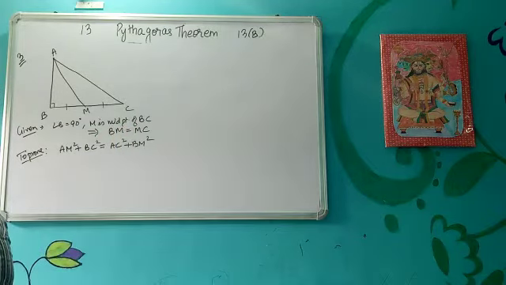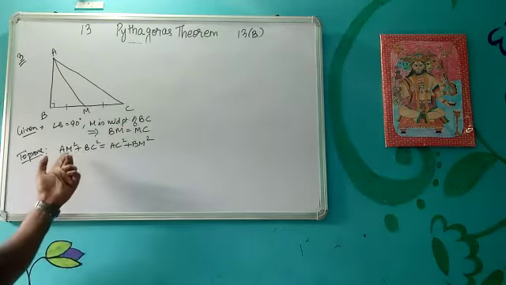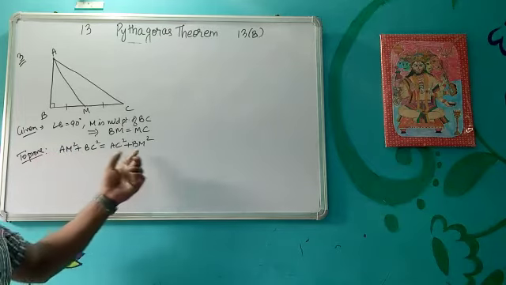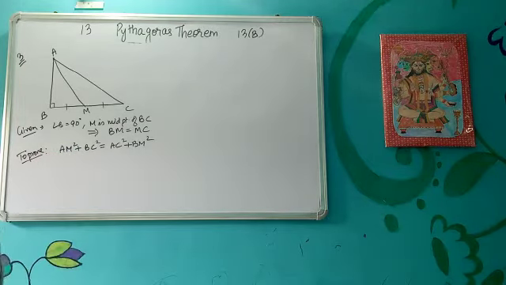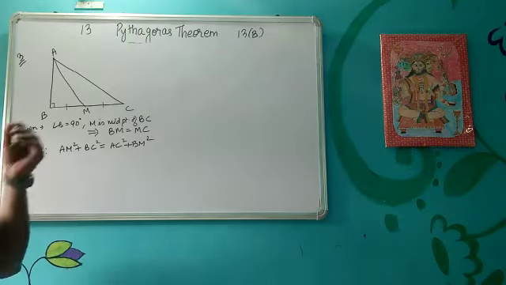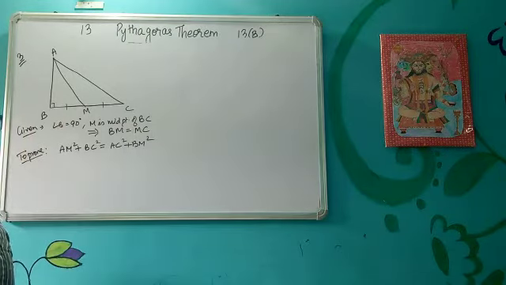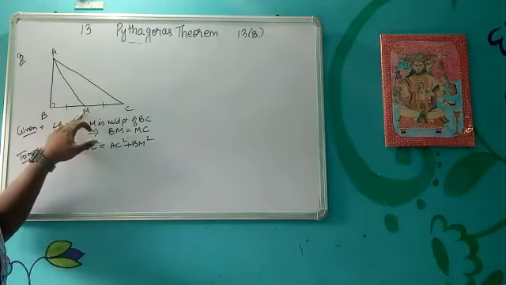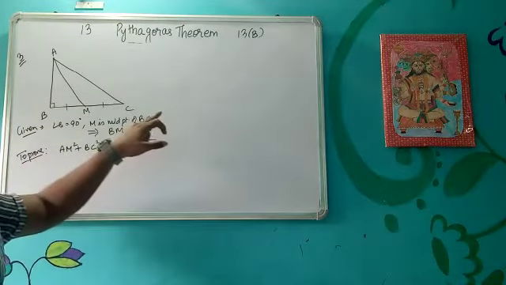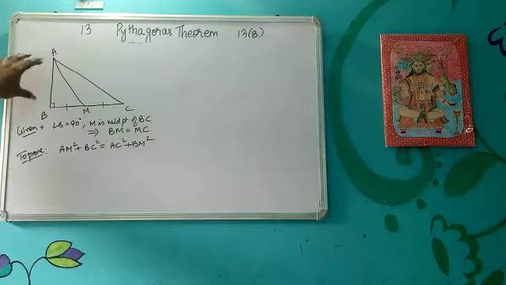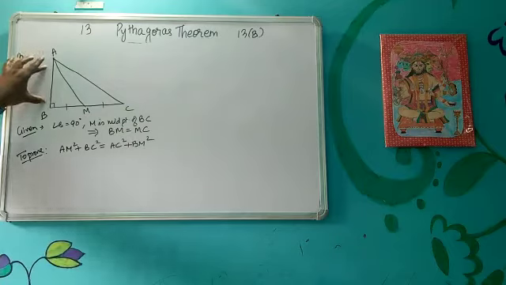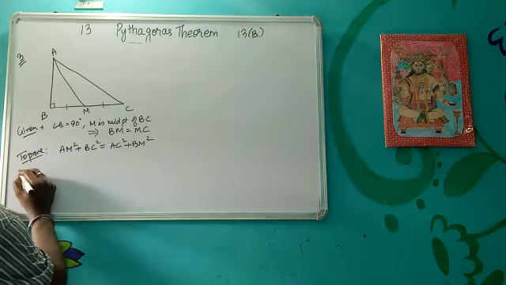Now with the help of this, we have to prove this expression is equals to this expression. So in this again, if you see very carefully, there are two right angle triangles. First is ABM and one is ABC. And in these two right angle triangles, this AB is common in both the triangles.